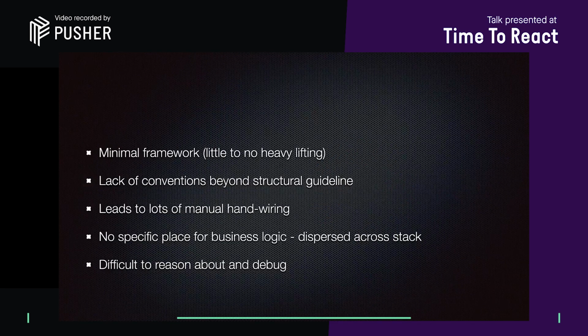The main issue with Redux is that it is not a meaningful framework, which means little to no heavy lifting is done by the framework itself. It has a lack of strong conventions beyond a structural guideline. It leads to a lot of manual hand wiring, no specific place for business logic. It's all dispersed across the stack. It's difficult to reason about and debug.